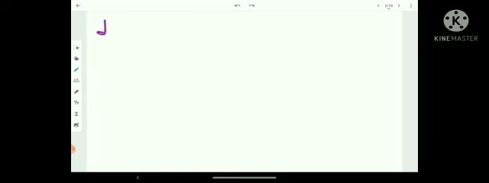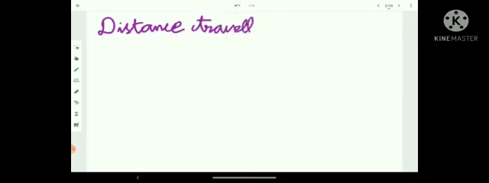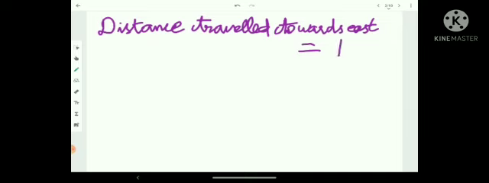Distance traveled towards east, that we have to represent by a positive integer, so plus 20 kilometers.